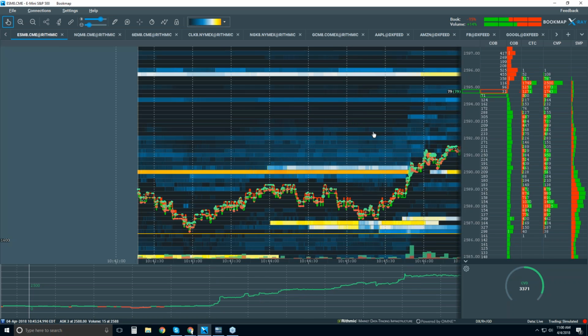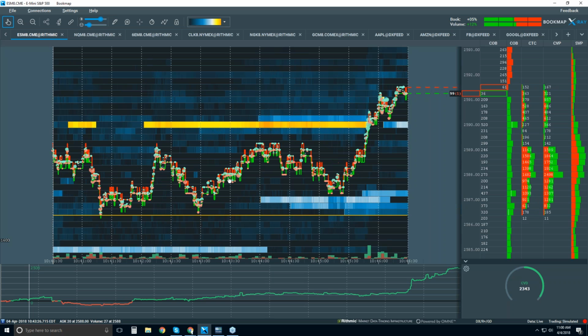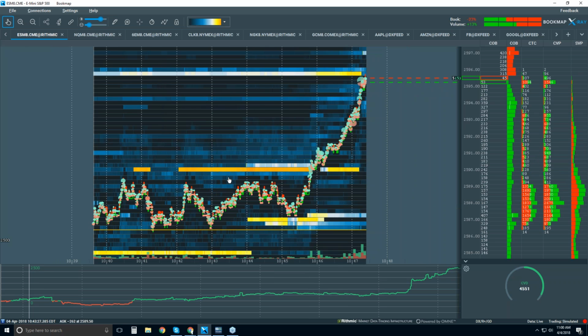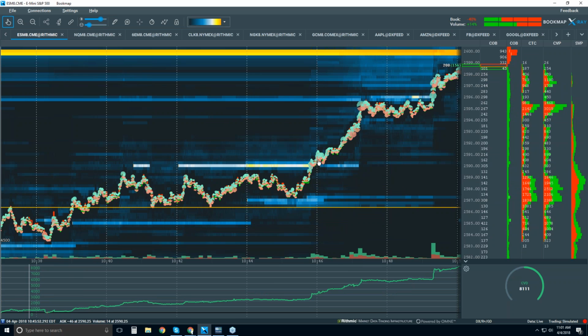Anyway, putting this all together, looking at the range, looking at the bid and the offer in the auction, and then understanding the aggressor, the aggressor has clearly taken control up here. There's just no question about it. Look at the big green dots up here. It's a very, very strong move, looking for higher highs and higher highs.